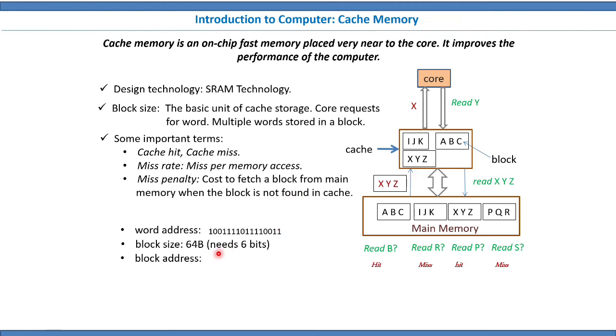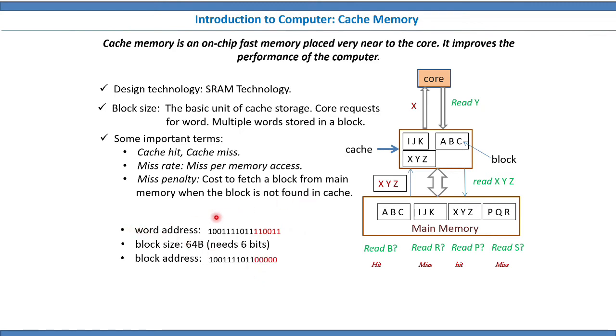But if the block size is 64 byte here, how many bits are required to represent 64 byte? 6 bits. So from here, the first 6 bits are actually the block offset. We call them block offset because the block address will be this.